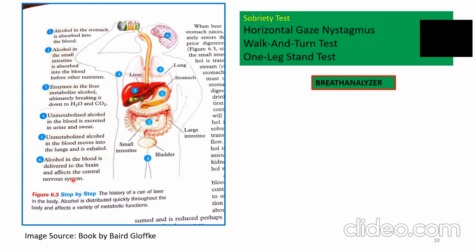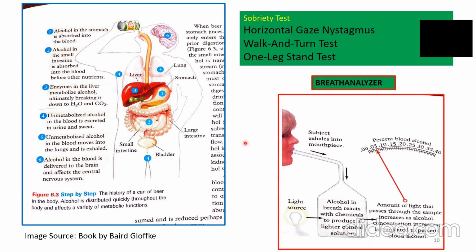So police officers detect the blood alcohol content in a person through the breath analyzer. The concentration of alcohol in alveolar air is related to the concentration of alcohol in the blood.